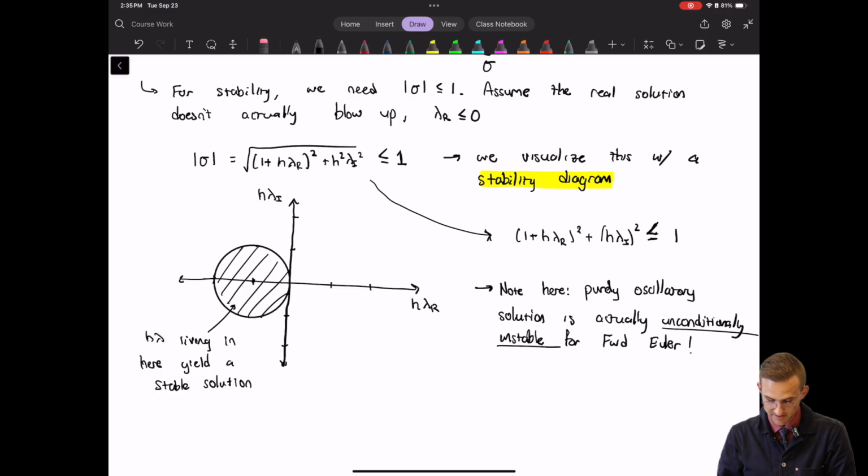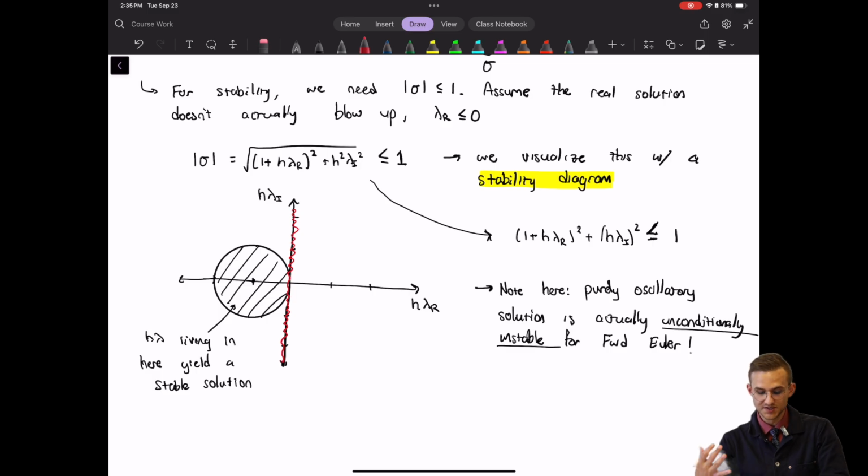And the reason why that is, is because if lambda happens to be purely imaginary, which is what leads to a purely oscillatory solution, it's going to live on this axis here. And there is no point, except for lambda equal to 0, which is meaningless, for which you are going to have stability in that case.